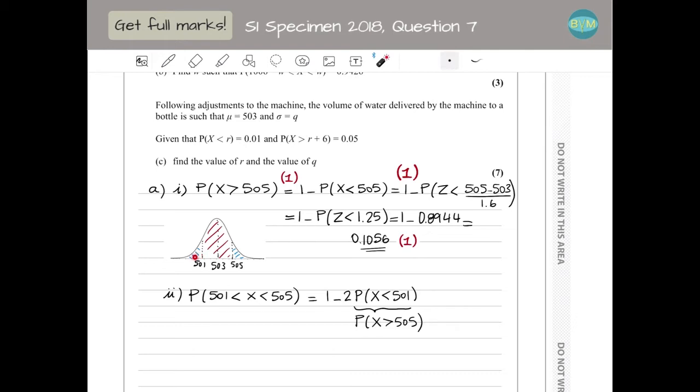This area here is the same as this area here. And if you notice, this is the probability that we just found in the question before. That's what they expect us to do, use that probability.